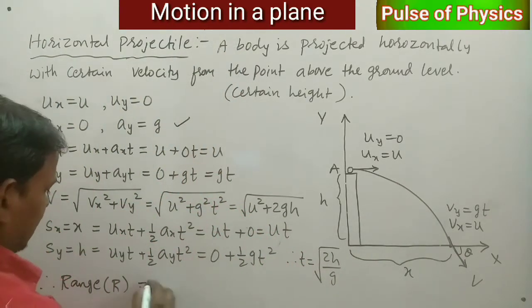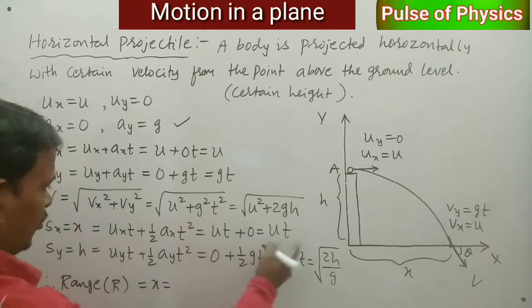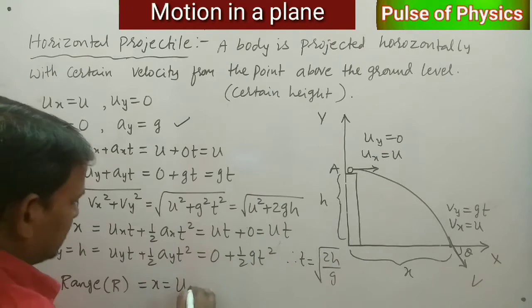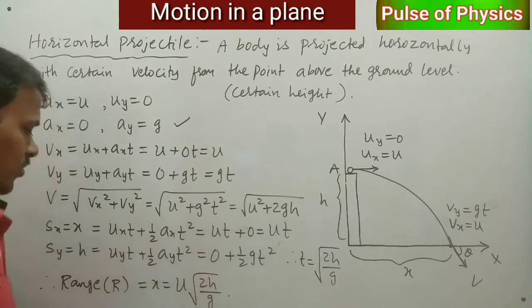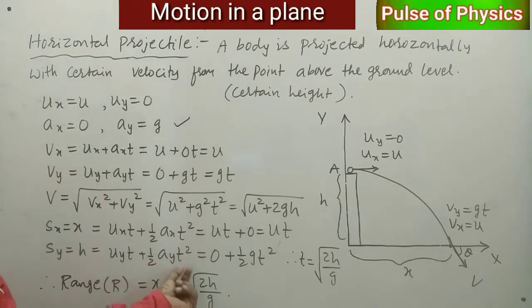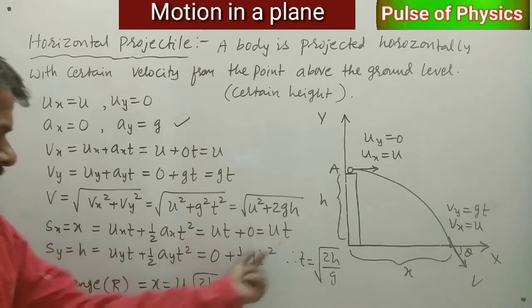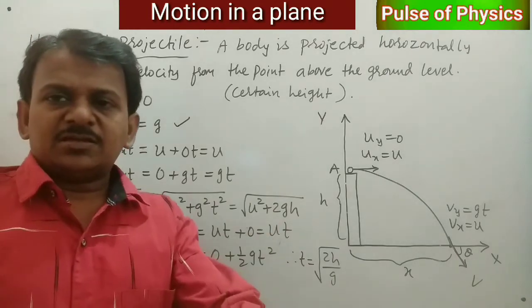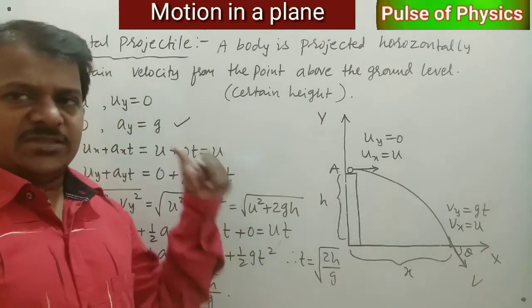Here r is equal to x is equal to u into t. T is root 2h by g. Now in this case we took t as the time of flight, that's why x and r are both the same here. Let me discuss a few more points on the next board.